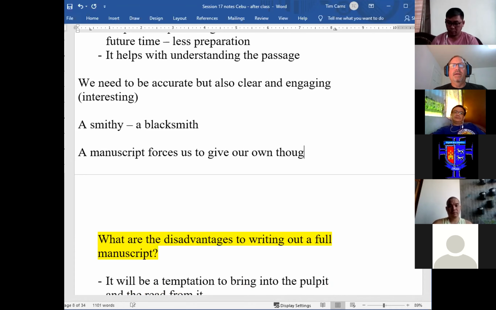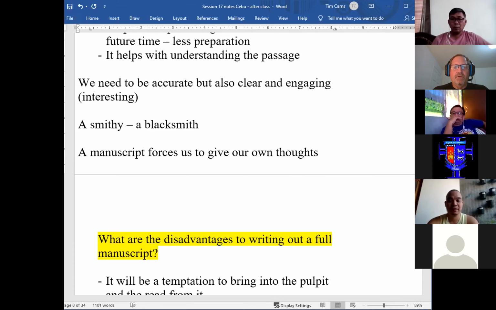If you have to write it out rather than cutting and pasting from someone else, a manuscript will really help you to think, how would you say it? Not how someone else would say this, but how would you communicate this? So if you write it all out, it forces you to think about your own thoughts. And then, sometimes when you're writing it out, you realize, I really don't understand this.